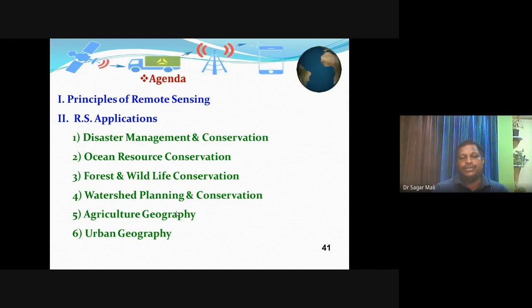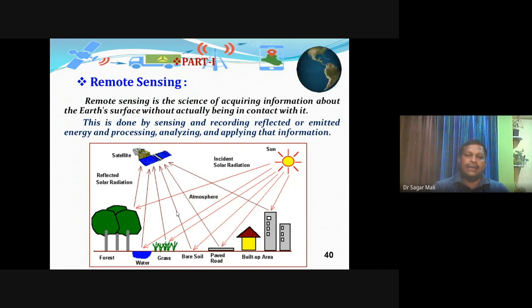In that, we are focusing on six major areas: disaster management and conservation, ocean resource and conservation, forest and wildlife conservation, watershed planning and water conservation, agriculture geography, and urban geography. What are the applications of remote sensing?